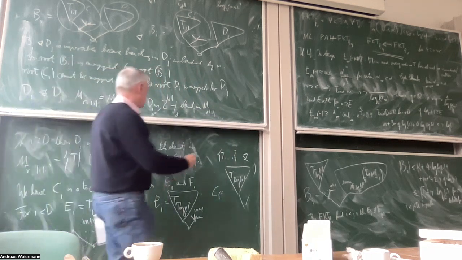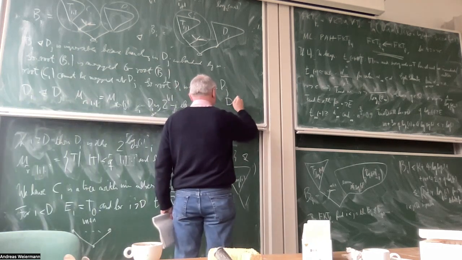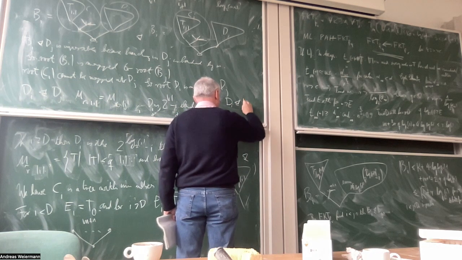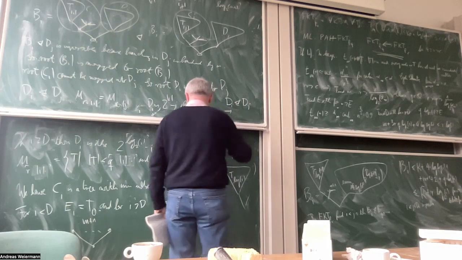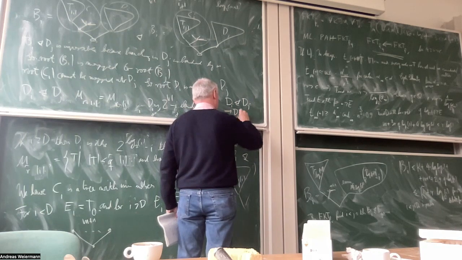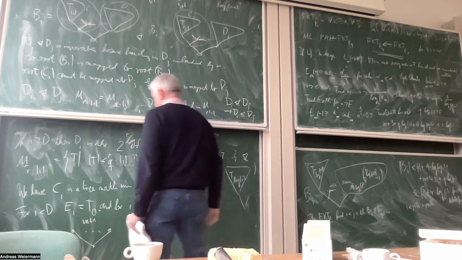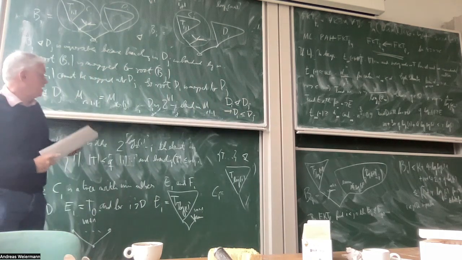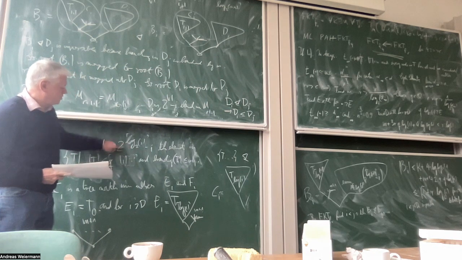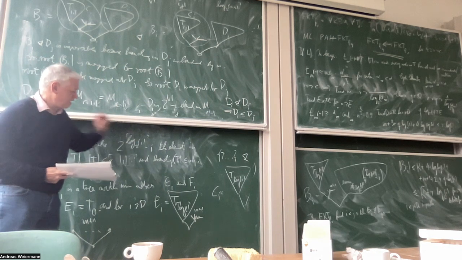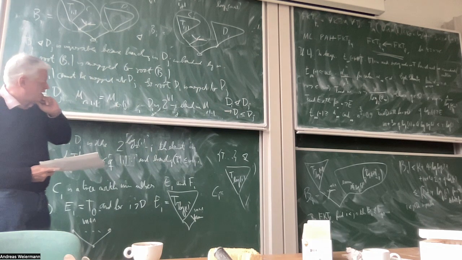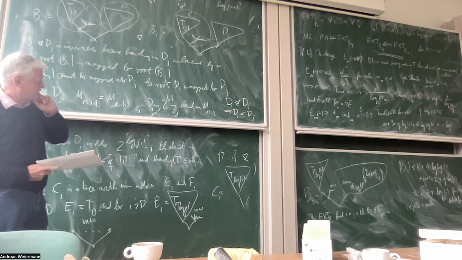So this means that the i is less than or equal to the j. This means in the linear extension here, the i is equal to the j. But now j is bigger than i. So 2 to the length of j minus j is smaller than 2 to the length of i minus i.